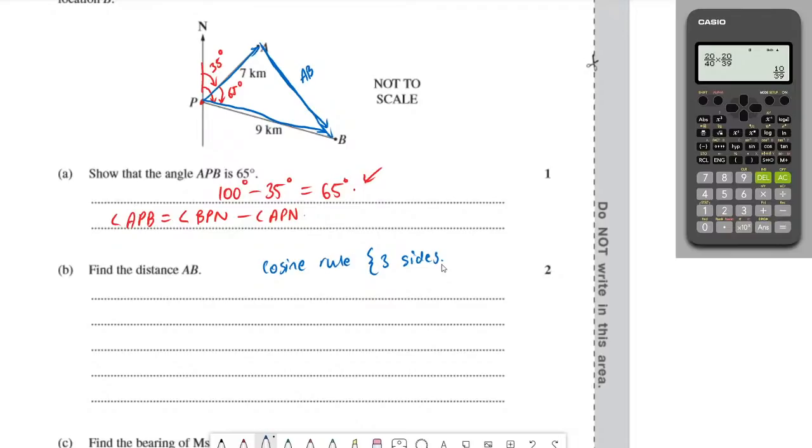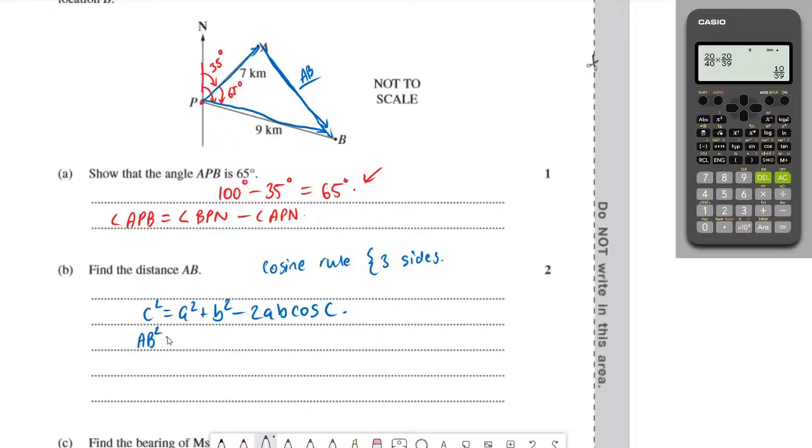Anyway, let's move on and find the distance. So c squared is equal to a squared plus b squared minus 2ab cos c. Don't ask me why I remember that. It's just one of those things that stick in my head. So my c is this distance along here. We'll call it AB.